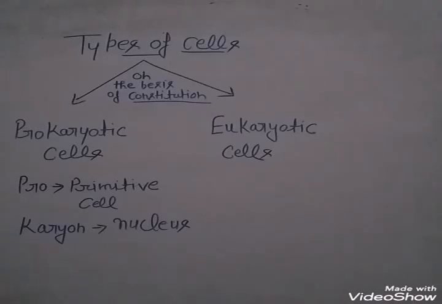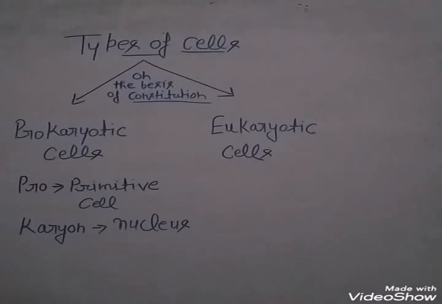Here pro means primitive and karyon means nucleus, so cells which have a primitive nucleus are called prokaryotic cells. For example, prokaryotic cells are represented by bacteria, mycoplasma, cyanobacteria, etc.